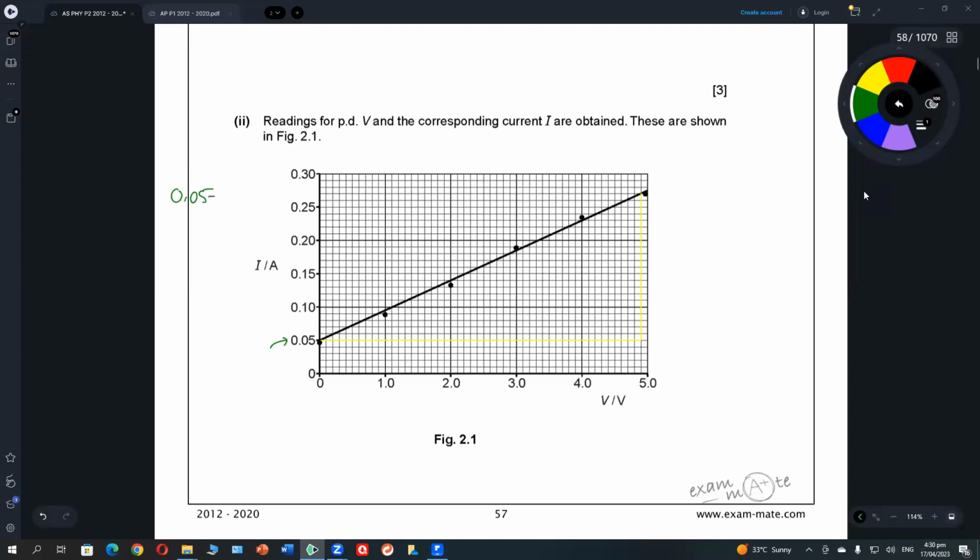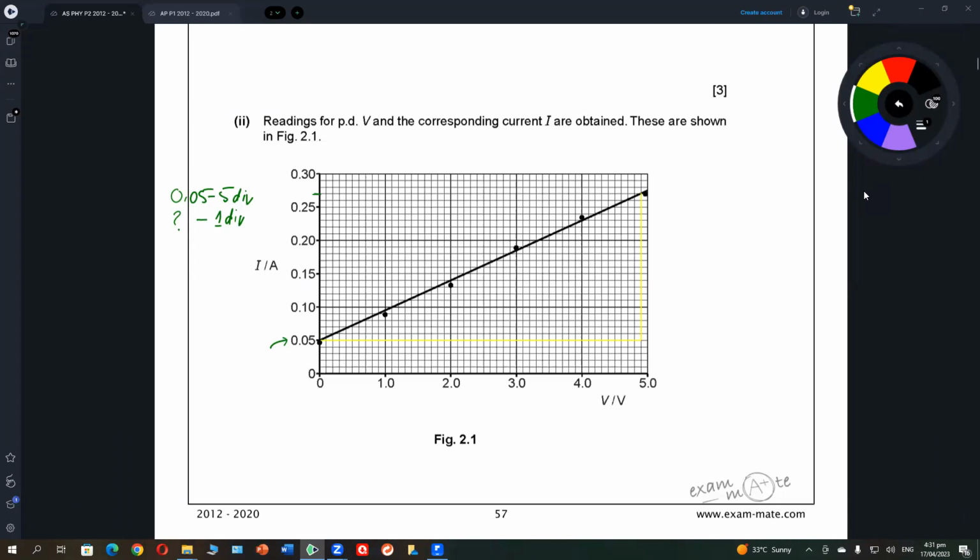And there are 5 divisions. So can you let me know how much one division would be here? 0.01. So where I am touching here, this position, it's 0.01.